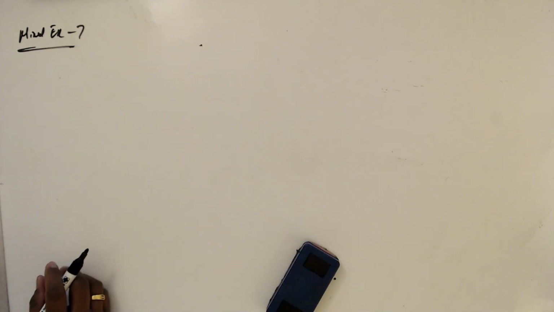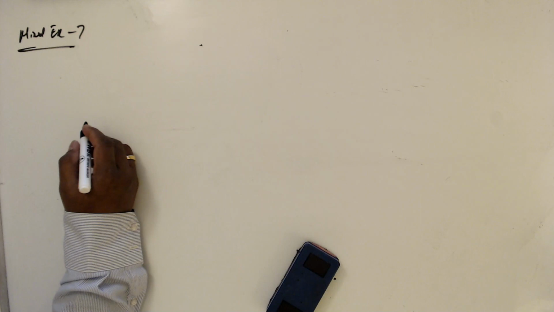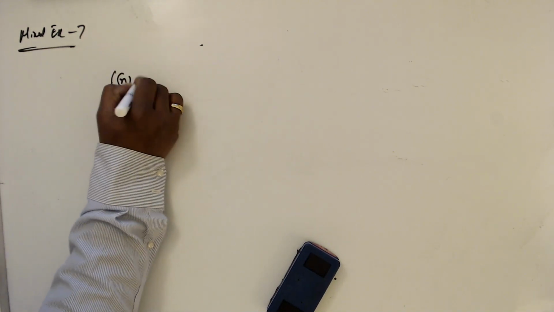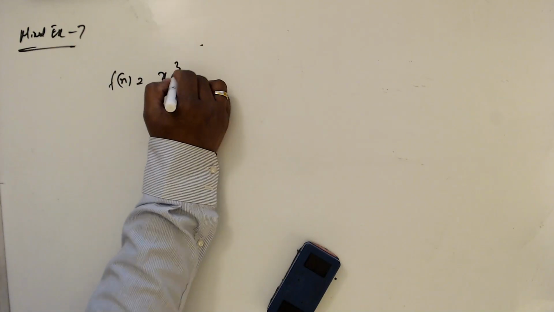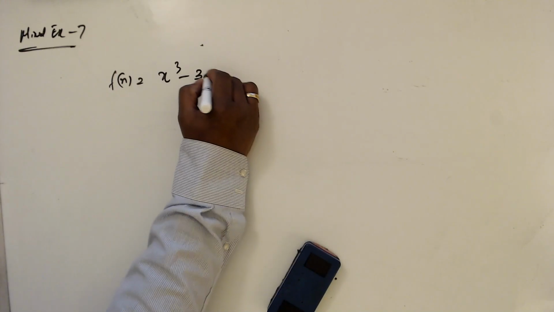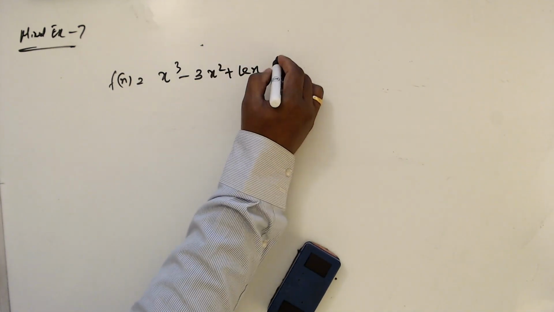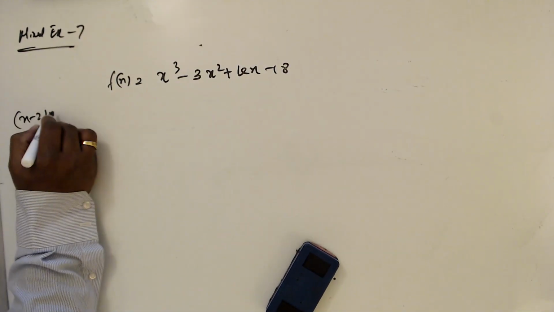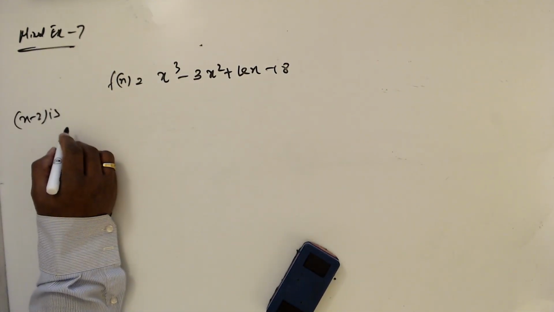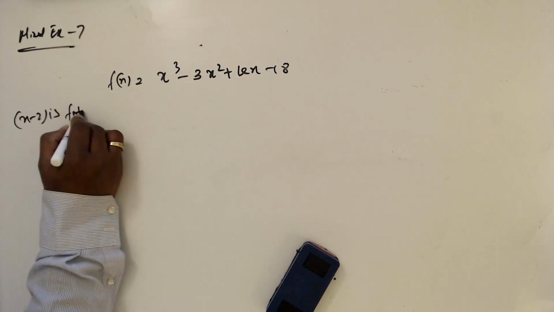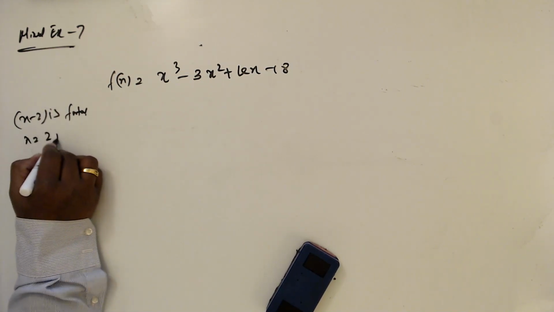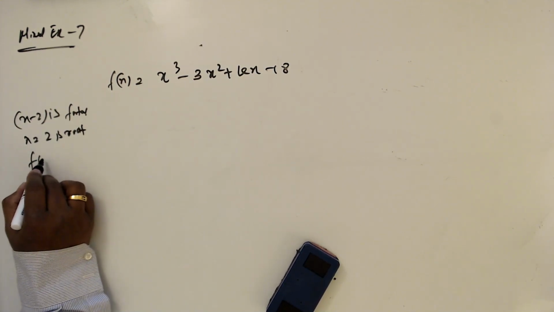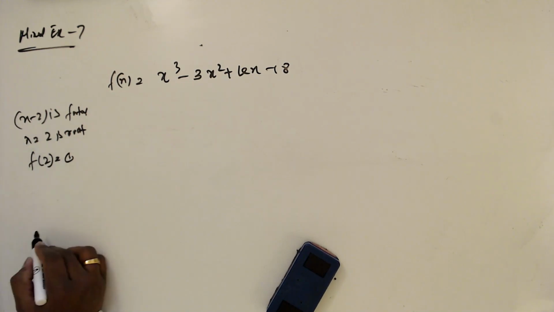I'm not sure if I did question number 7, so I'm going to quickly do it. f(x) equals x cubed minus 3x squared plus kx minus 10. So x minus 2 is a factor. It means x equals 2 is a root. It means when you put x equals 2, this expression has to be 0.